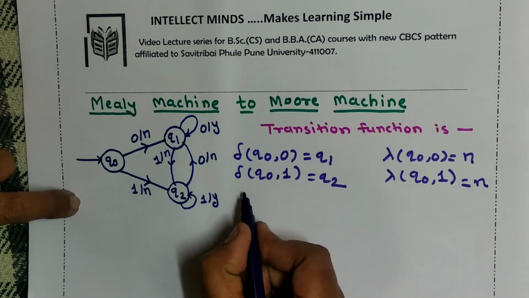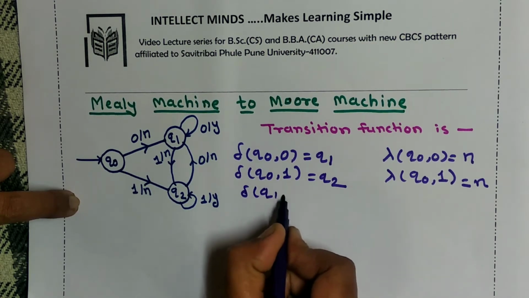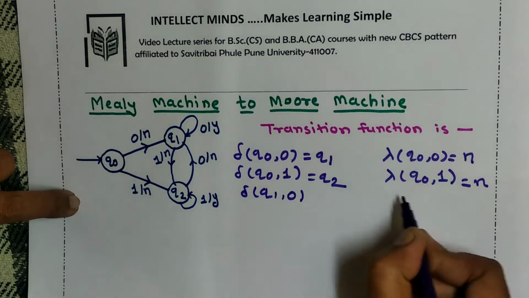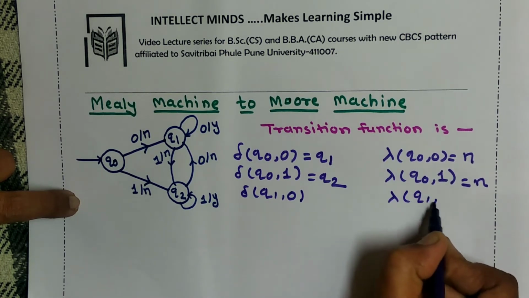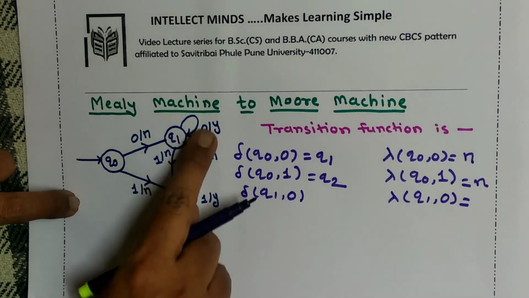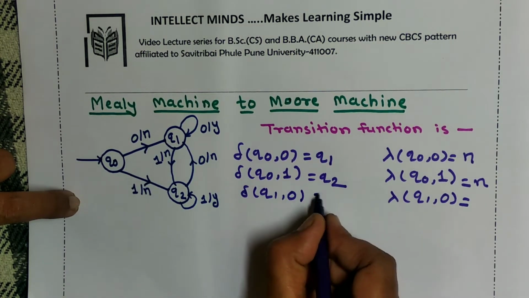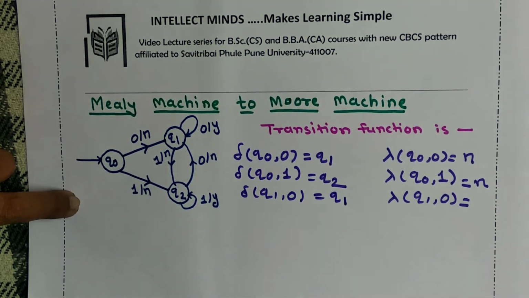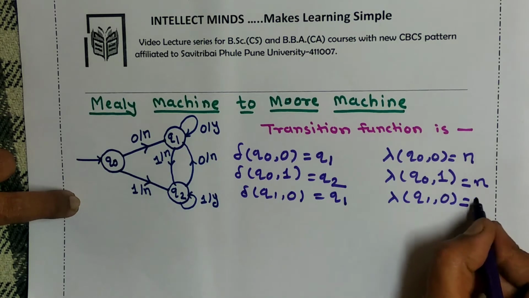Now take Q1 over 0, and lambda of Q1 over 0. Q1 by taking 0 goes to itself only, and lambda of Q1 over 0 is nothing but Y.